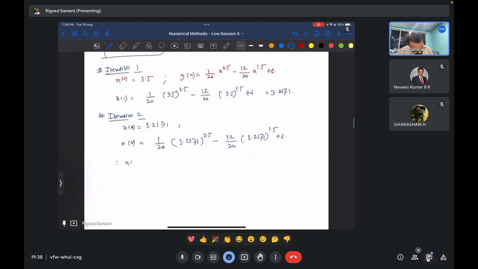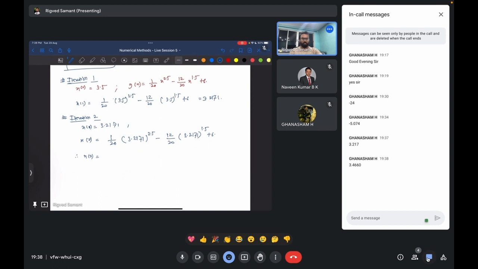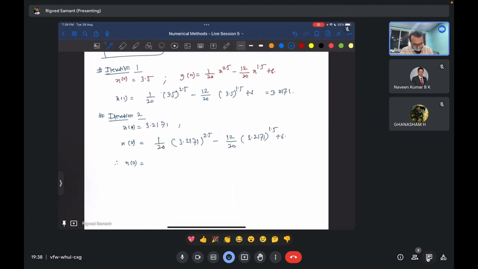Therefore the second iteration of x is, yes, 3.4659.